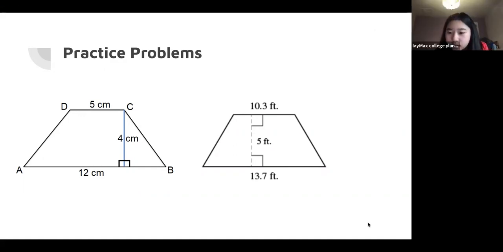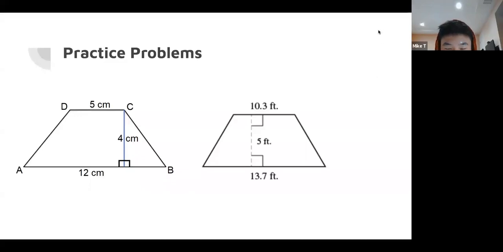Cool. And we will end early today, but let's do the last one together with Mike. So for the last one, the formula is the two bases added together times the height divided by 2.